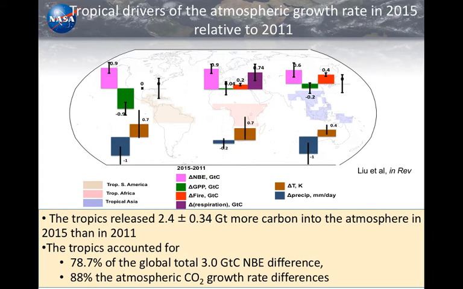If you sum up all the numbers, the tropics released about 2.4 gigatons more carbon into the atmosphere in 2015 relative to 2011. The analysis is global, but we're focusing on the tropics. More than 3/4 of the total global change of 3 gigatons is attributable to the tropics, and that accounts for about 88% of the total atmospheric growth rate change.